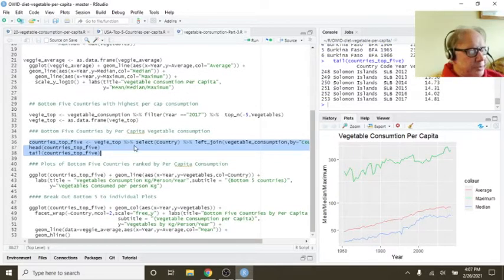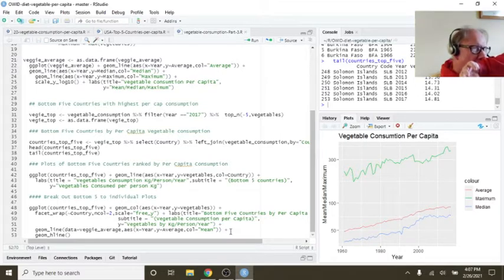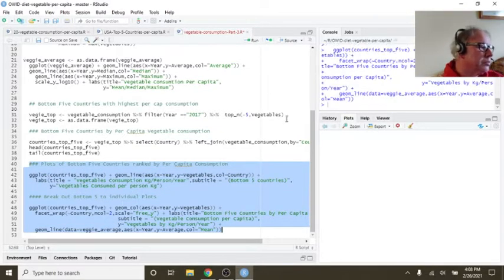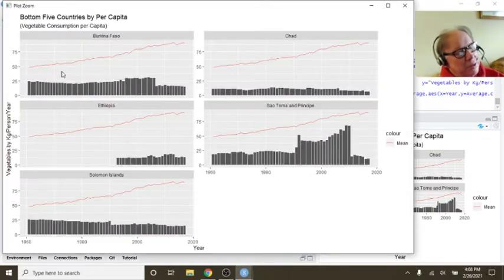So now let's take a look at our first plot. Let's take a look at our 3 plots down here now. So let's take a look at these last 2 plots here. You can see here, this is the average per year.